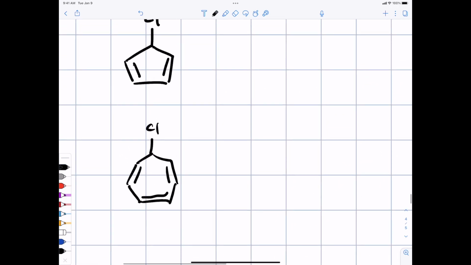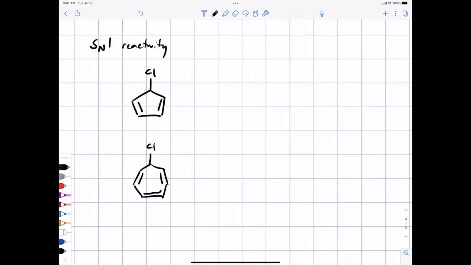Maybe we'll try to make the sad robot look wistful? I don't know. Okay, SN1 reactivity. Which one reacts faster in an SN1 reaction? To do this, we're not drawing the conjugate base this time, we're doing what happens in an SN1 reaction. The leaving group leaves, so draw the carbocationic intermediate.